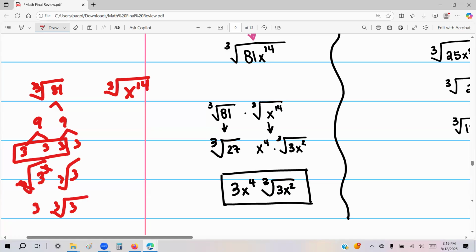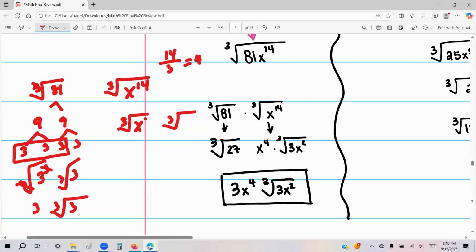Now for the variable, you have 2 choices. You either break them down into 2 pieces, one of them divisible by 3 and one of them not divisible by 3. If you divide 14 by 3, how many times does 3 go into 14? 4.